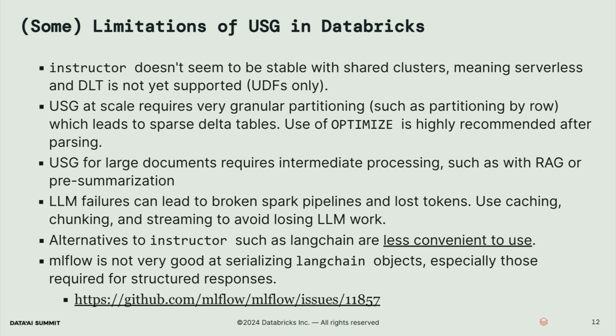I think this one might actually be the biggest for us, which is failures in the Spark pipeline. So you have to be very good at exception handling in your UDF. At any point, if let's say you're parsing a partition of your data, if that UDF fails, and these LLM infrastructures can fail, right? They're random in nature, so maybe you try to rebuild your Pydantic object too many times and you hit a failure that way.